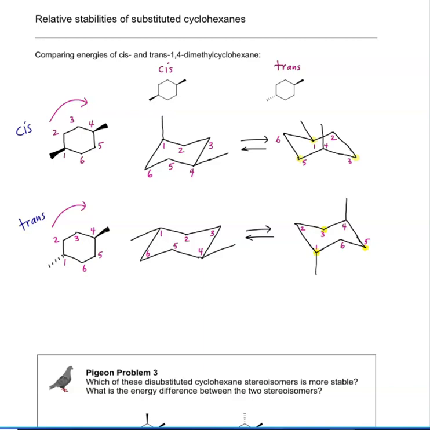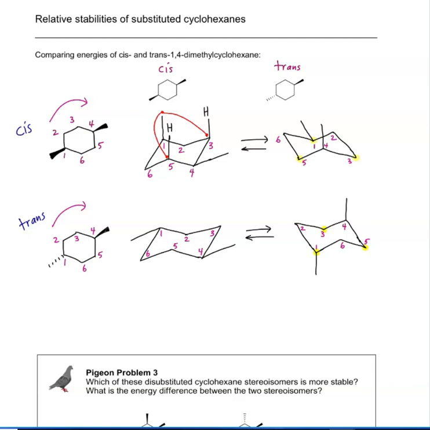So we'd be looking for the axial up hydrogens on the same side of the ring. Those occur at carbons 5 and 3. So we have gauche-butane interactions. Remember, we draw the line from carbon to carbon in the pattern, from that methyl group to carbon 3 and carbon 5.